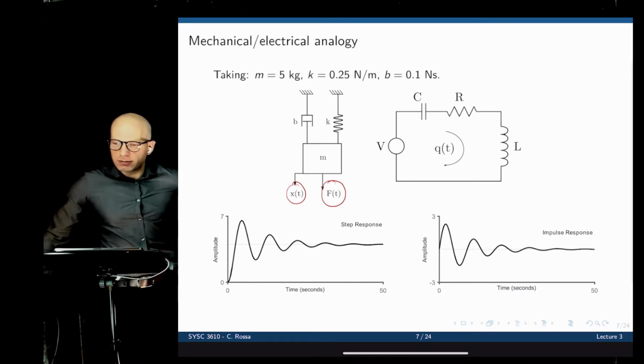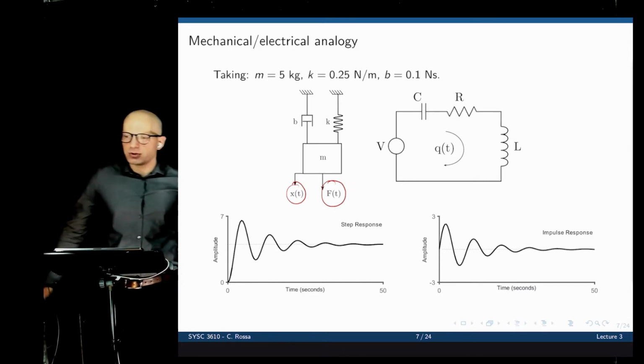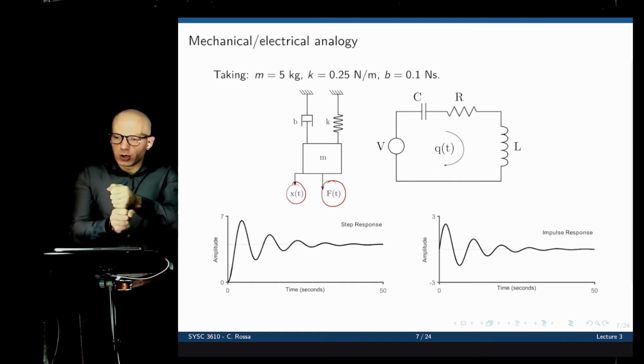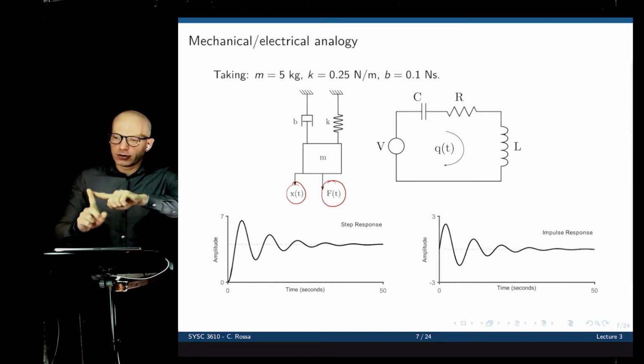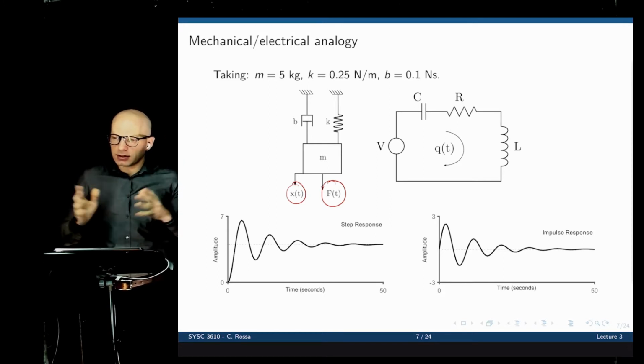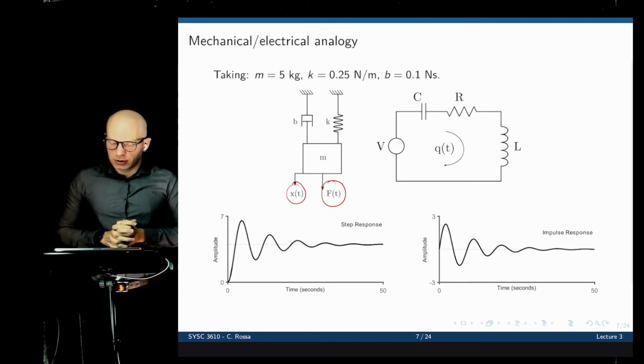What does it mean to apply a step force to this mass spring damper system? We pull on the mass and we hold it. That's then a force that goes from 0 to a given constant value and remains constant over time. That characterizes a step input. What is that on the electrical system?